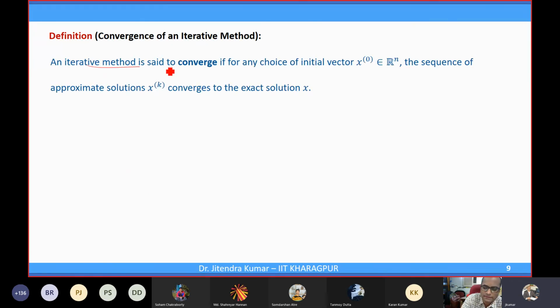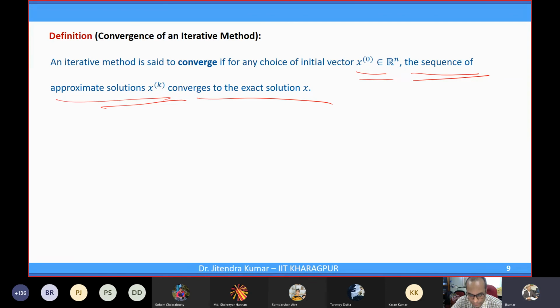An iterative method is said to converge if, for any choice of initial vector x naught in R^n, the sequence of approximate solutions x_k converges to the exact solution x.